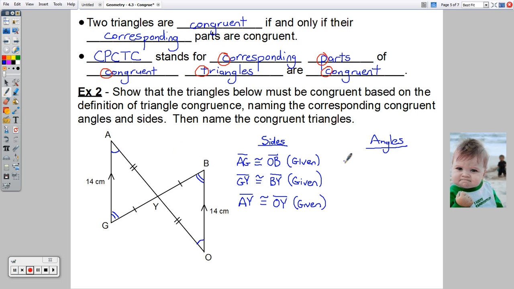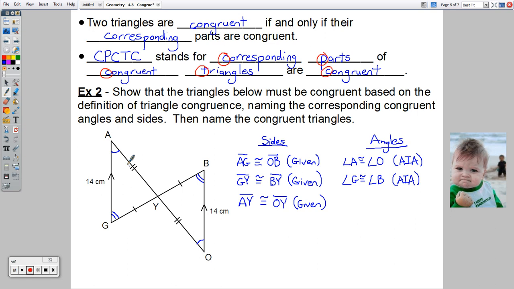So for the angles, angle A is congruent to angle O, and that's AIA, alternate interior angles. Angle G is congruent to angle B, also alternate interior angles.